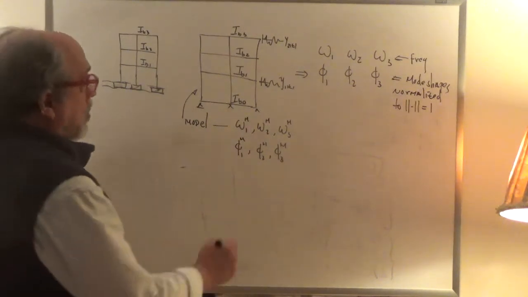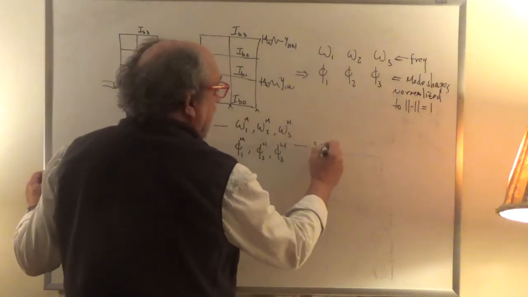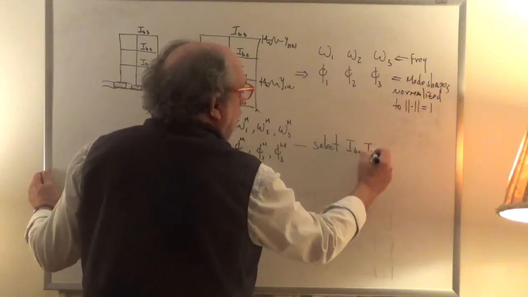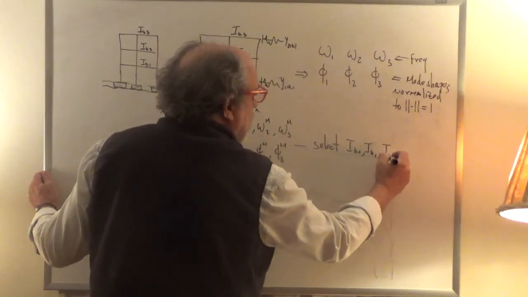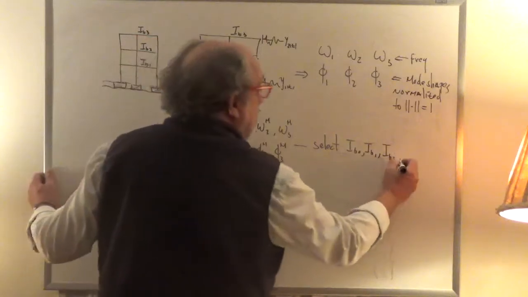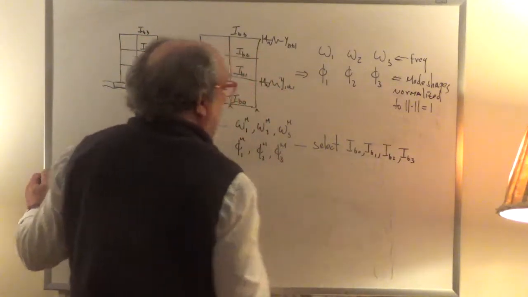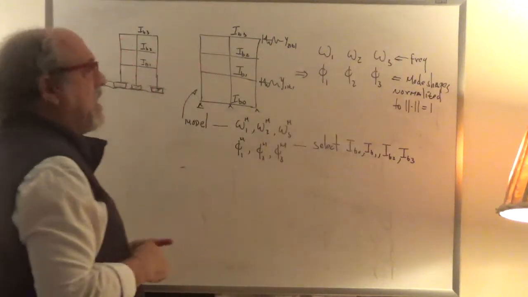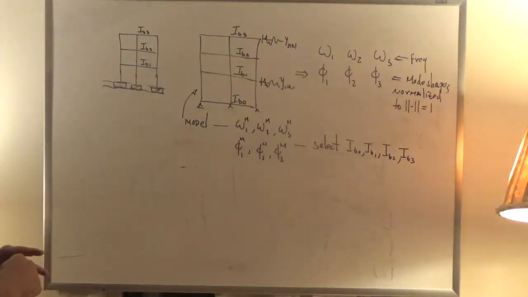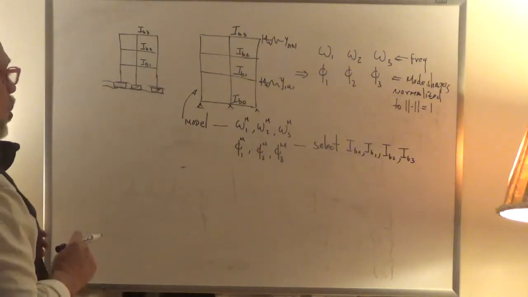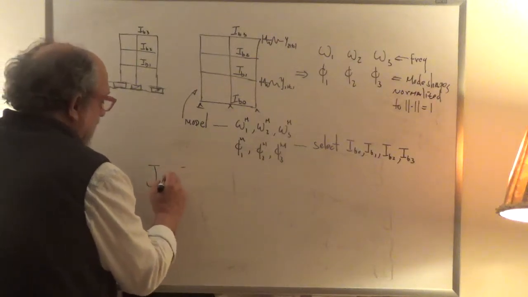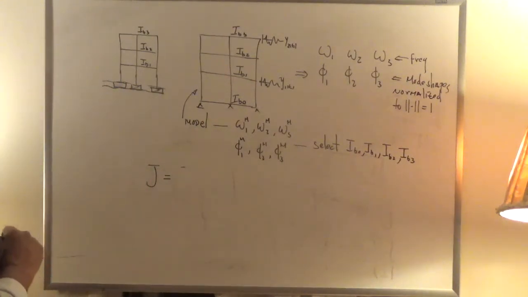The goal, of course, is to select IB0, IB1, IB2, and IB3 to make the quantities that come from the model match the quantities that were identified from the frequency. So we can measure the discrepancy in a number of ways. Let's say that J is the thing that measures our discrepancy.